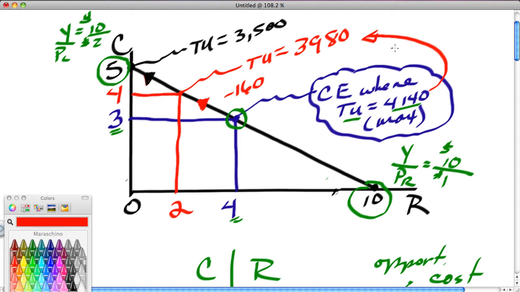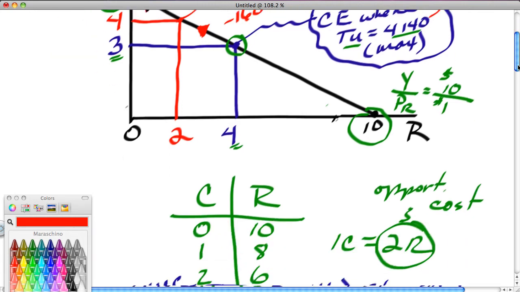If we go from 4 to 5, it's even worse. Notice total utility drops to 3,500. And I simply calculated this by adding up the first 5 MUs in the table we presented back in the first part. But we can again look at this.